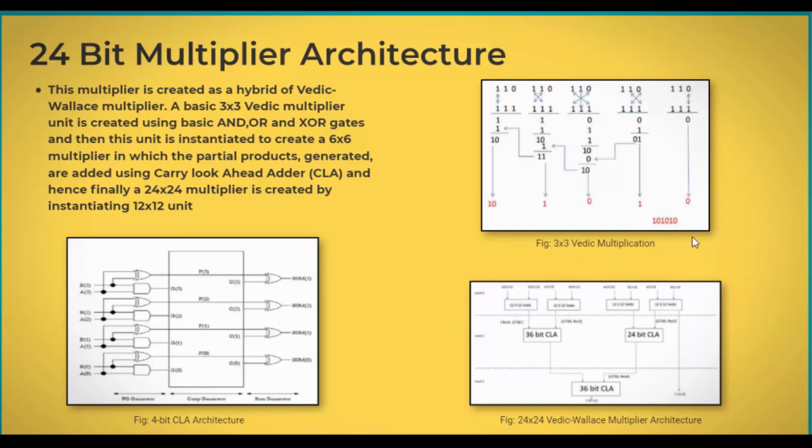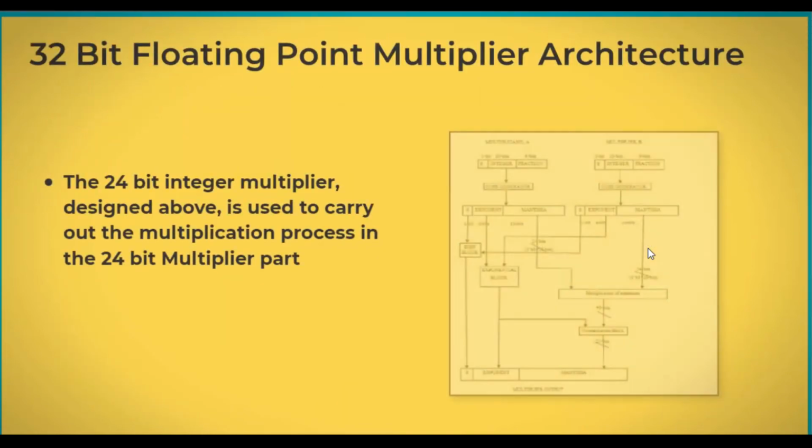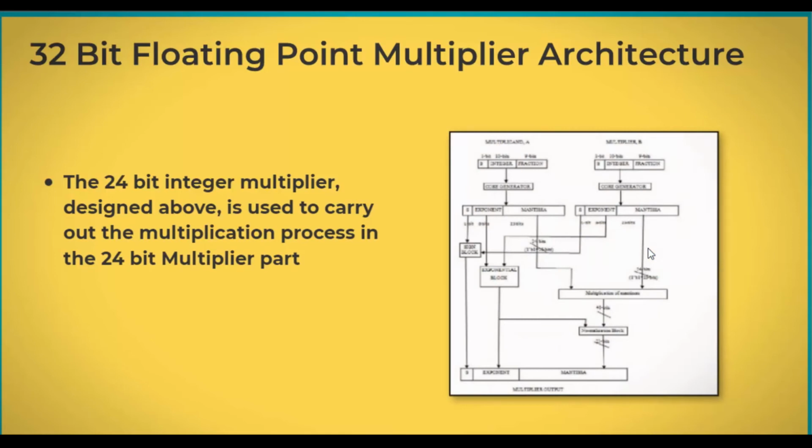This 24-bit integer multiplier design is used to carry out the multiplication process in the 24-bit multiplier part, as shown in this flowchart of the 32-bit floating point multiplier architecture. All the details regarding the architecture of both the units are mentioned thoroughly in the report.